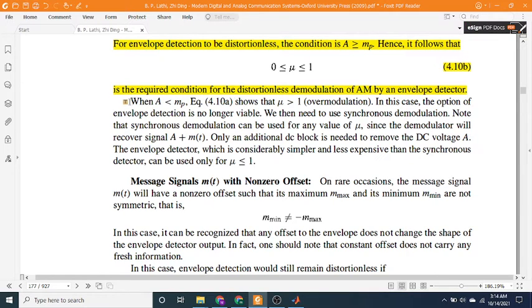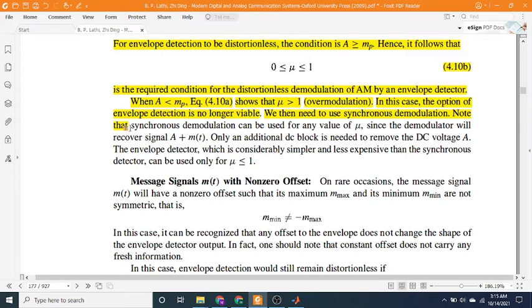When A < m_p, Eq. 4.10a shows that μ > 1, overmodulation. In this case, the option of envelope detection is no longer viable. We then need to use synchronous demodulation.